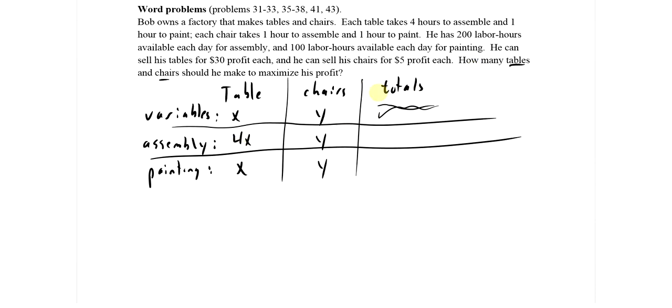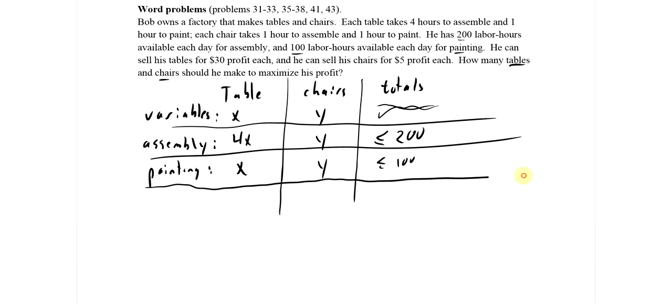But we know assembly, you can't go over 200, and that's how many hours you have. So however many hours you take for assembly of tables and chairs, it's got to be less than or equal to 200. You have 100 labor hours available each day for painting, so it's got to be less than or equal to 100. And now, unlike 5.2 or 5.1, we have another thing to consider.